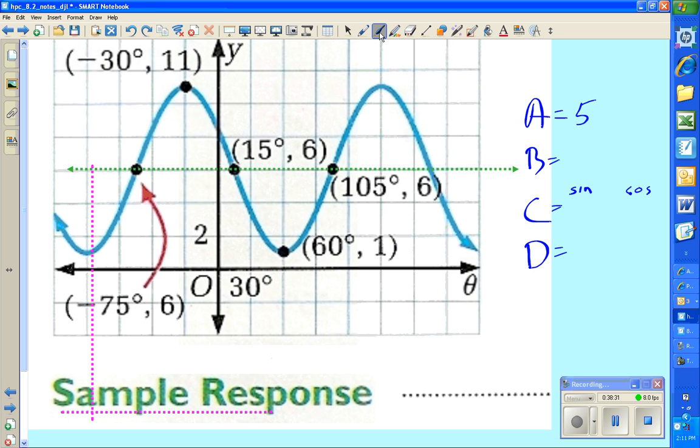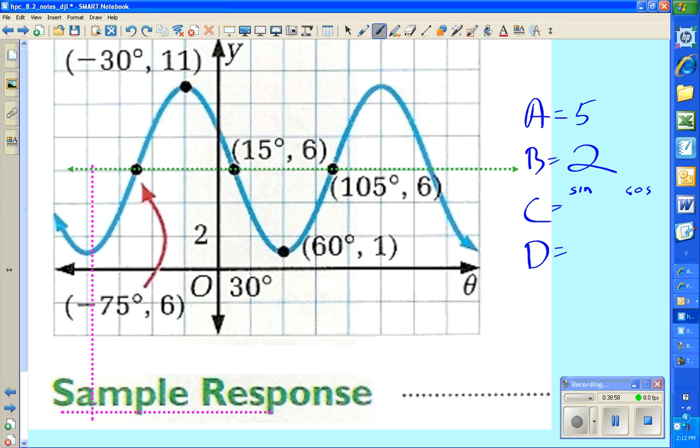Which points did you use to determine the period? So this point, and which one? 105. Those are both halfway from min to max. 105 minus negative 75 is 180. 360 divided by 180 gives you a B value of 2.